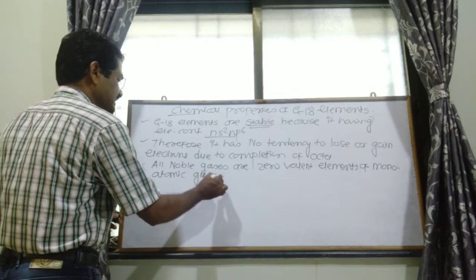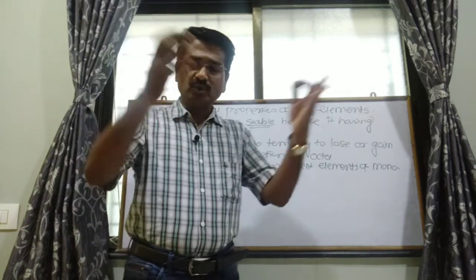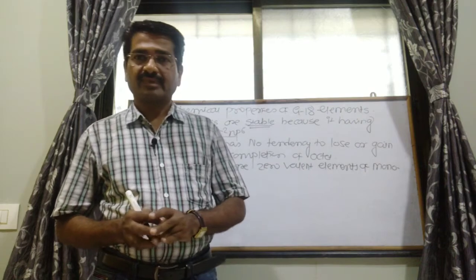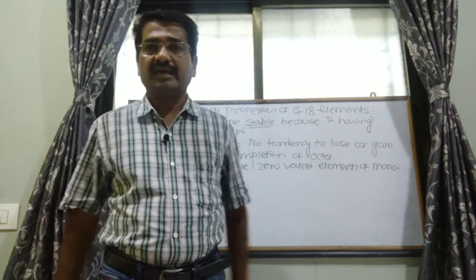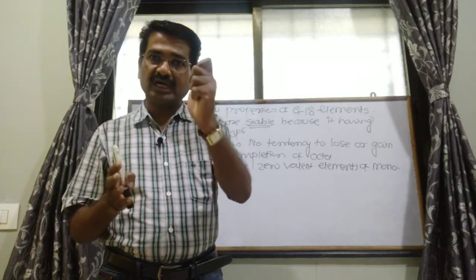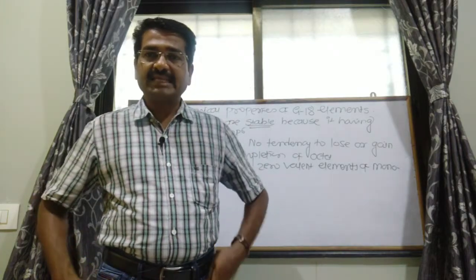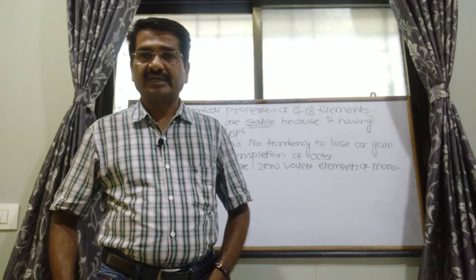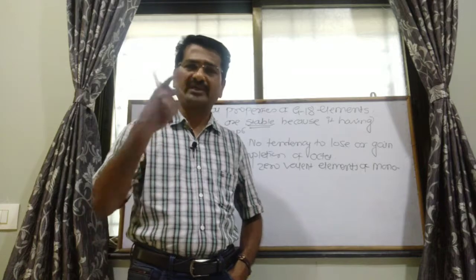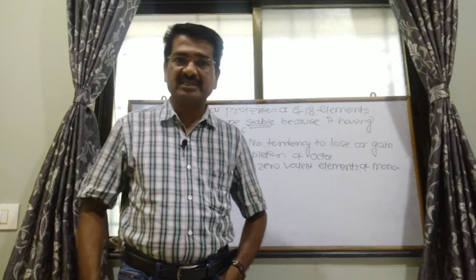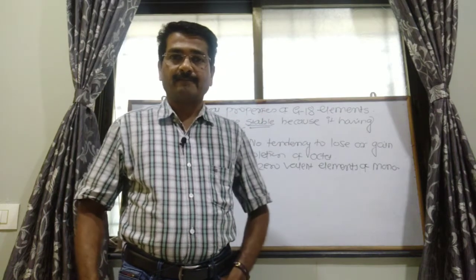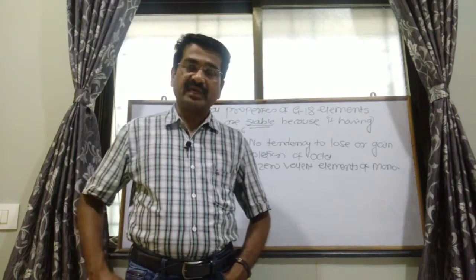Due to all these reasons, they cannot participate in chemical reactions. Helium, neon, argon, krypton, all these elements complete their octet. Helium completes its duplet, in an exceptional case, with 2 electrons in the last shell, and cannot participate in chemical reactions.